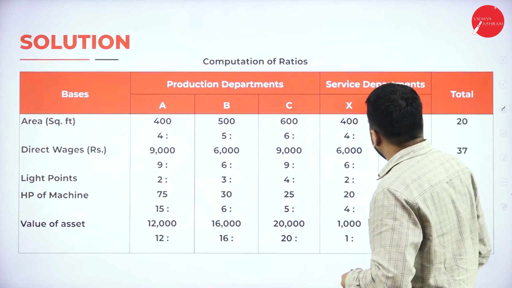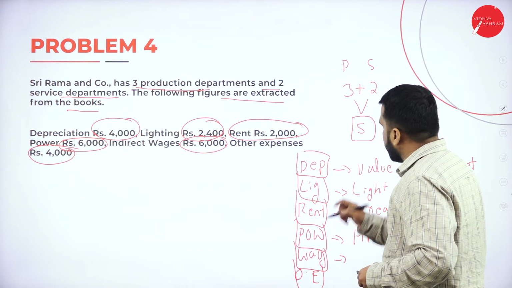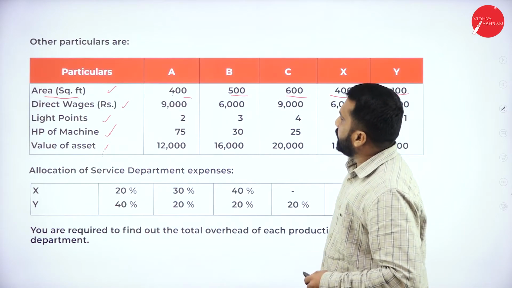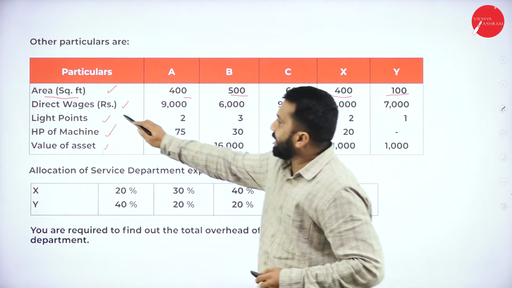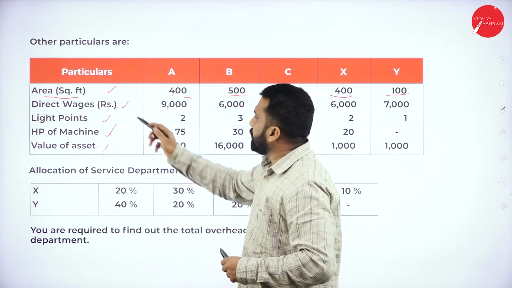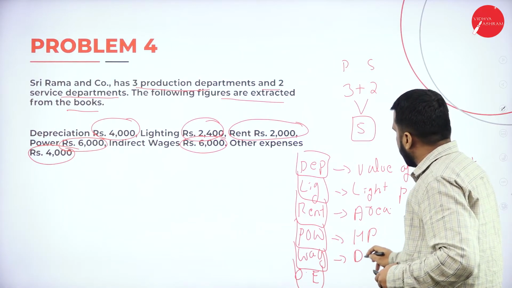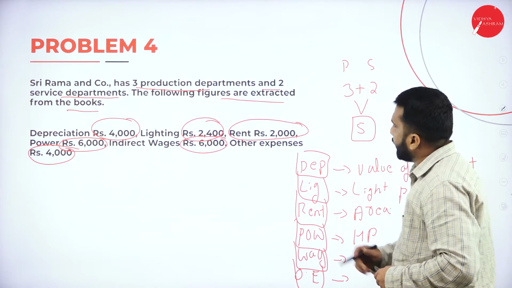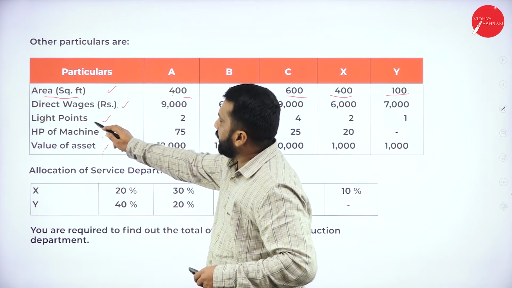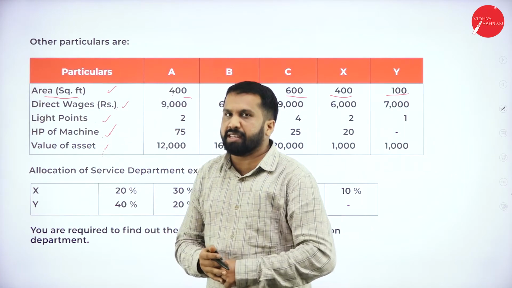So it will go to HP of machine. And next one is wages. So again I'll go back. Your wages comes under what? Direct wages. Indirect wages is the opposite, what? Direct wages. We go with direct wages. Last one, other expenses. Which one will suit? Value of the asset, HP, light, direct wages, area. We'll go for that while doing the problem.